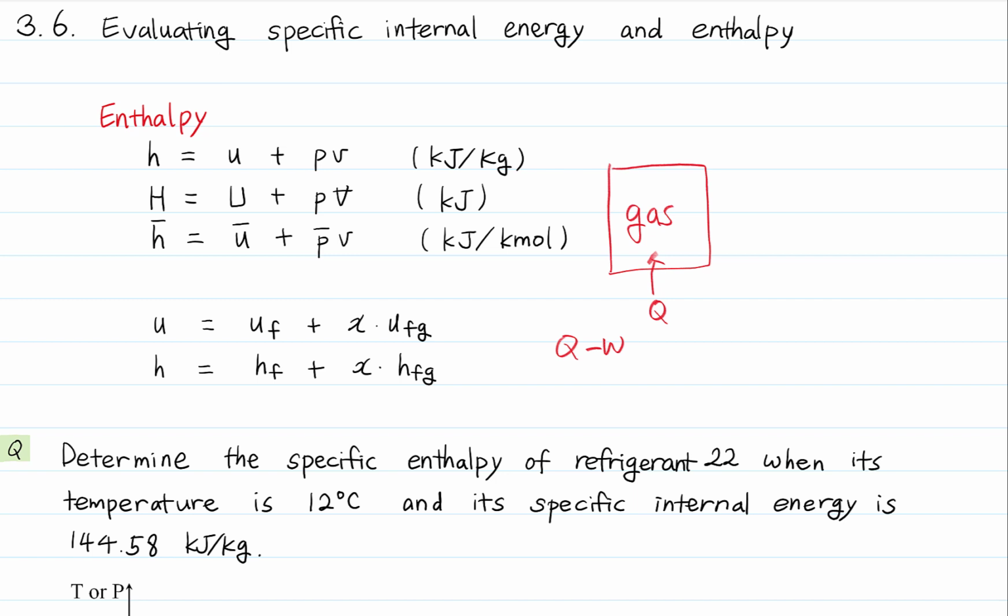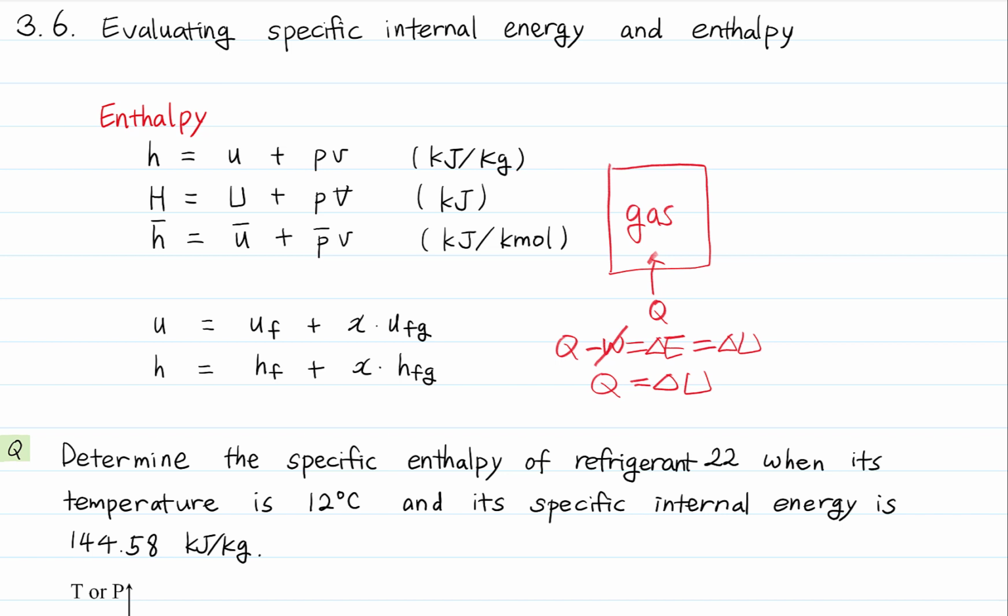Q minus W equals delta E. Assuming there is no change in kinetic energy and potential energy within the system, delta E equals delta U. There is no work involved during the process, so W cancels out. So we can say heat transfer to the system equals the change in internal energy within the system.